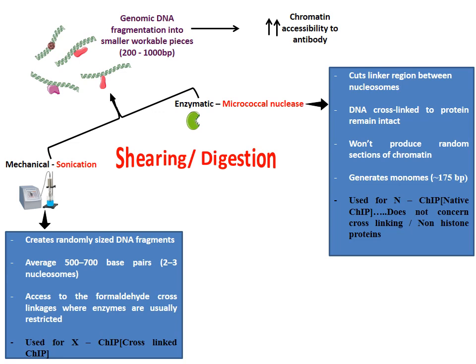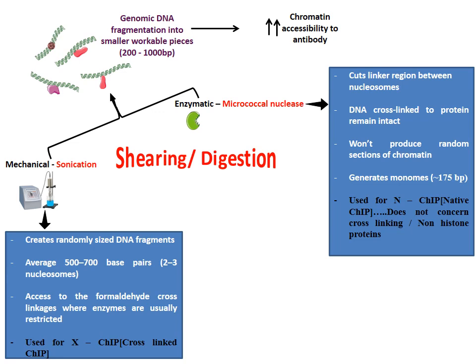For example, in the enzymatic digestion, the endonucleases, micrococcal nucleases, are used, and it is mainly favorable for the N-ChIP method, that is native ChIP.